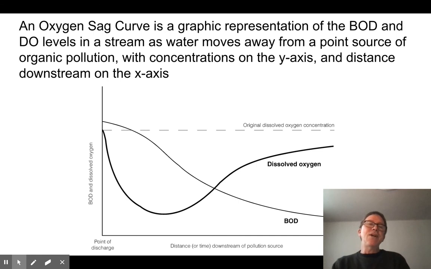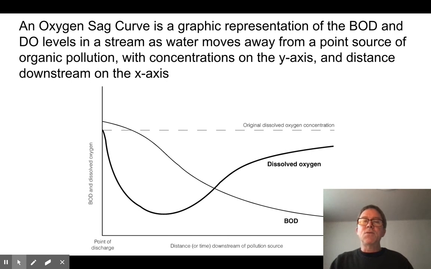So now a sag curve is kind of a cool thing that I want you to get your head around. Okay, so an oxygen sag curve is a graphic way of representing the changes in BOD and DO that happen when organic matter is added to a stream from a point source, say like let's say a concentrated animal feed operation. This is putting feces into the water.